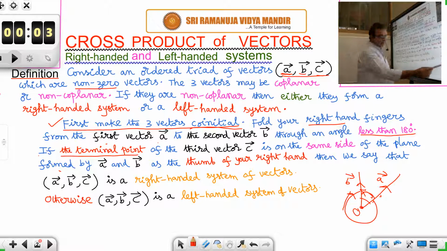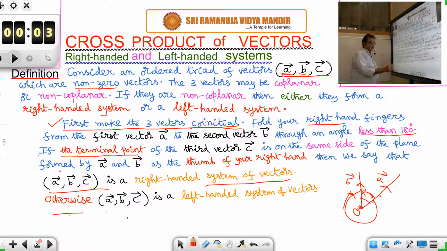That means the initial point is here, and the terminal point is on your side, towards the thumb direction. It should not go beyond the board, backside. If C bar is like this, then A bar, B bar, C bar is a right-handed system of vectors. Otherwise, it is a left-handed system.